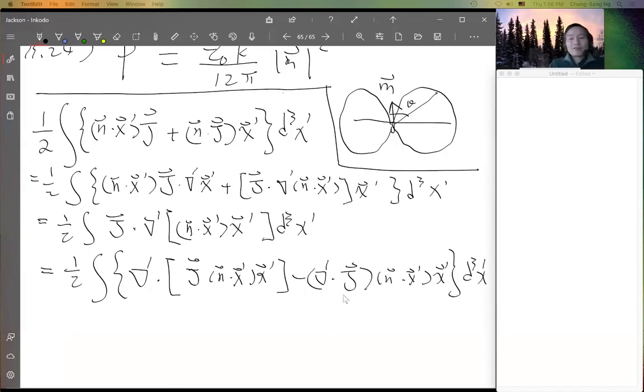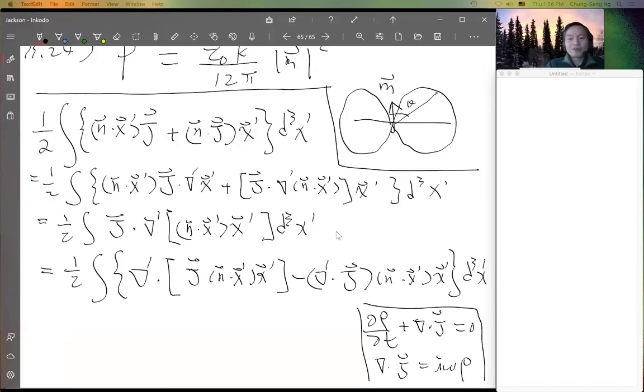Now we identify this divergence of J as related to the charge density, because again we have the continuity equation: partial rho partial t plus divergence J is zero, and partial t is just minus i omega, due to the single frequency mode. So divergence J will equal i omega rho. We've seen that before. We did the same trick for the electric dipole term.